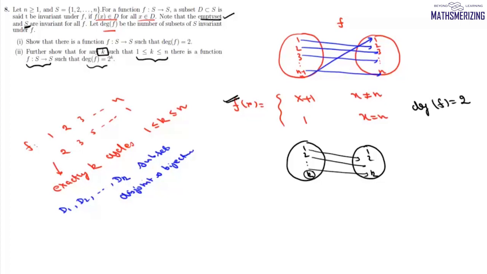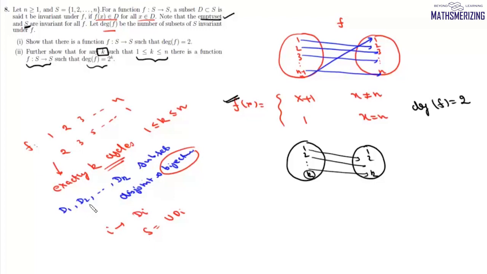So this function f is a bijective function and it has exactly k cycles. Now the condition we have taken is that the ith cycle corresponds to an invariant subset Di in such a way that S is the union of all Di's, and all these Di's are pairwise disjoint.